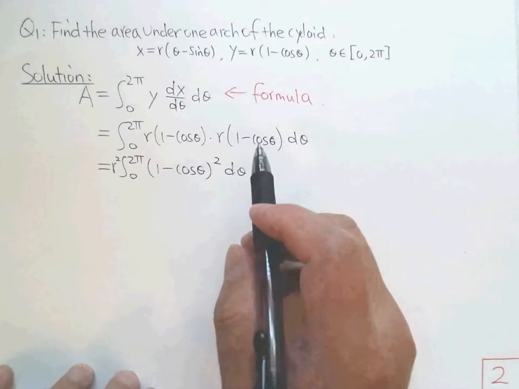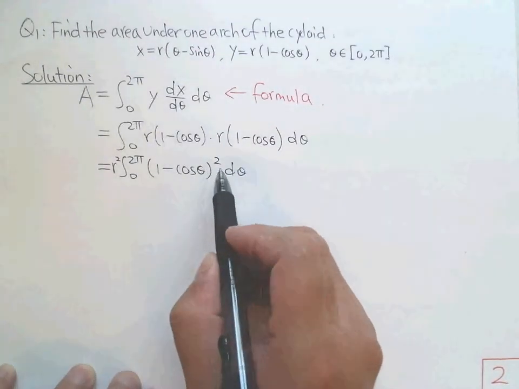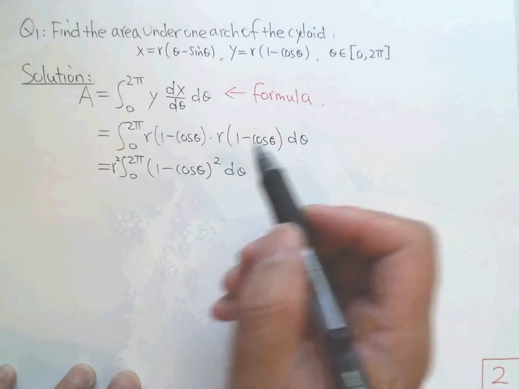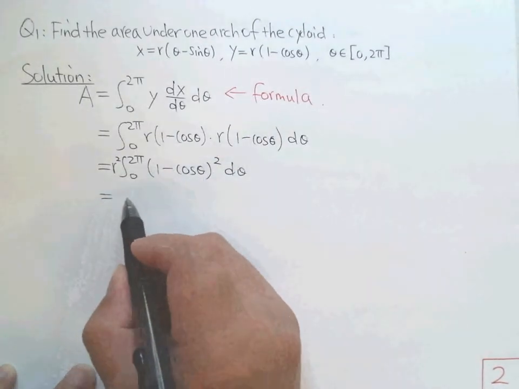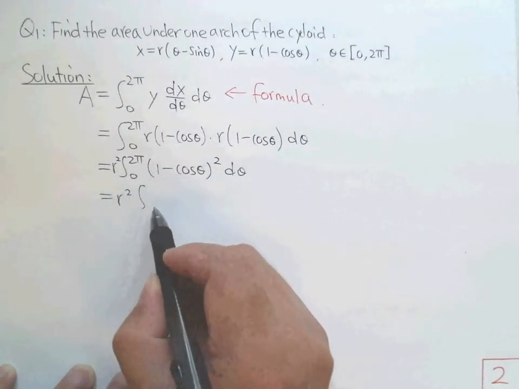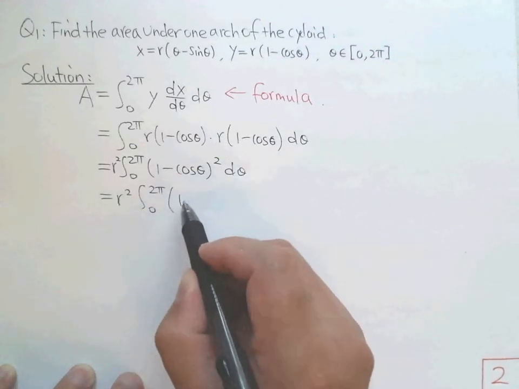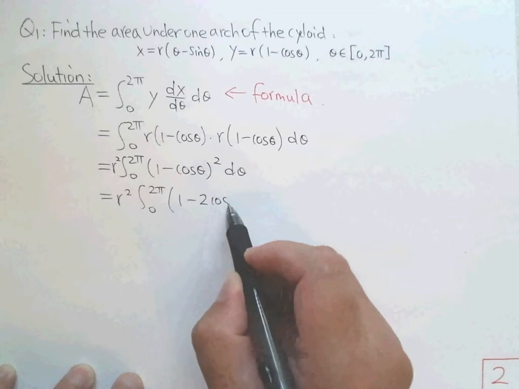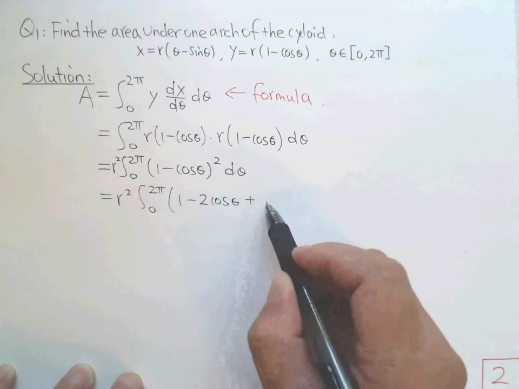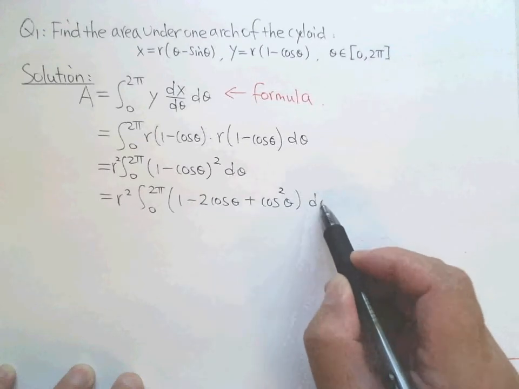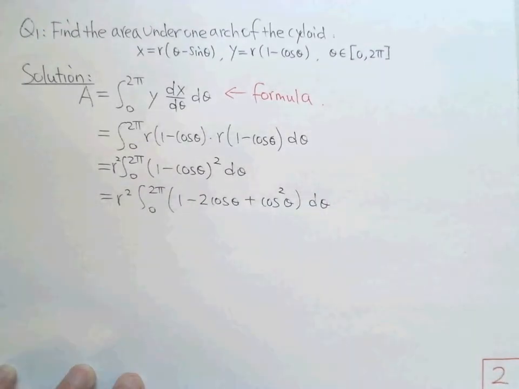Now this is an integration, and the perfect square we can expand. R squared is here, from 0 to 2 pi, and we get 1 minus 2 cosine theta plus cosine squared theta, d theta. So now what to do?